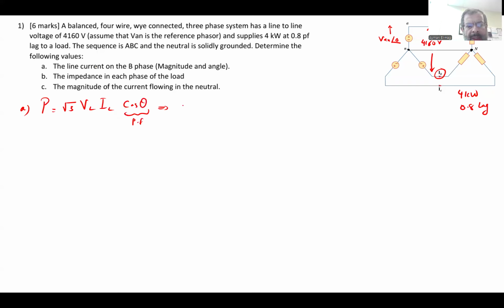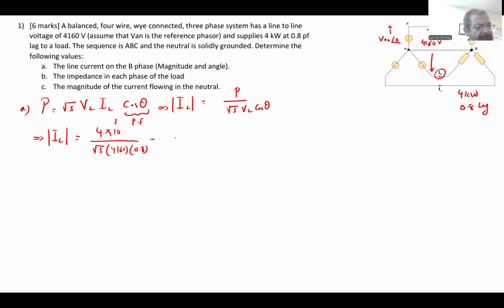From this, the magnitude of I_line is equal to P divided by √3 V_line times the power factor, which is 4 times 10 to the power 3, 4 kilowatt, divided by √3 times 4160 times 0.8. This gives a current of 0.694 amps.